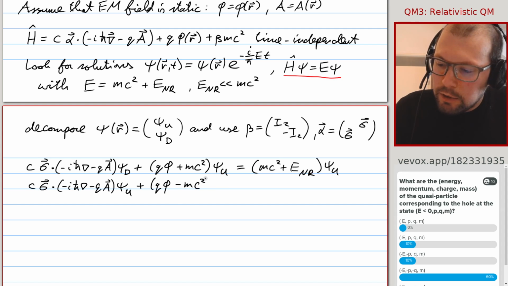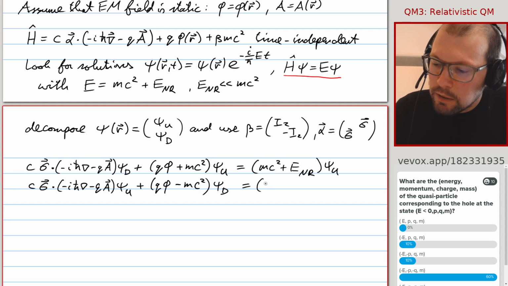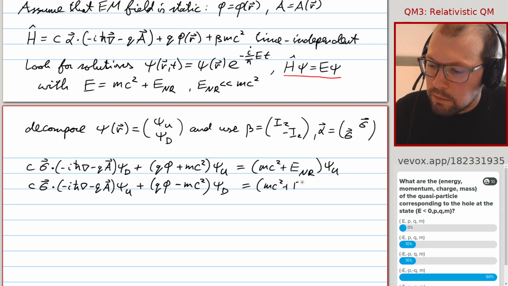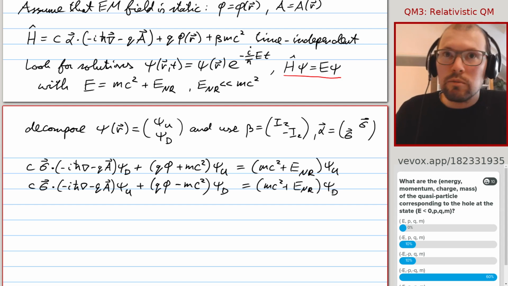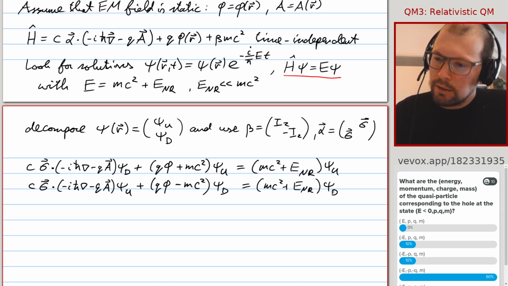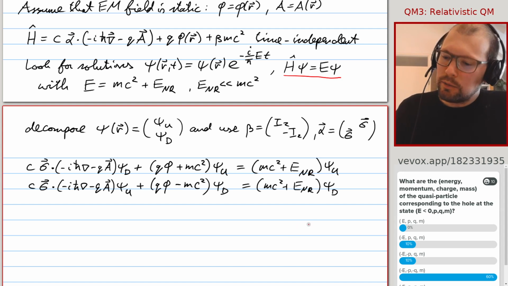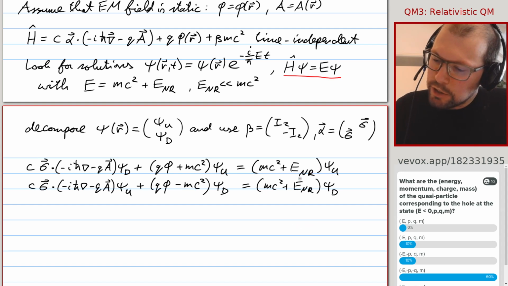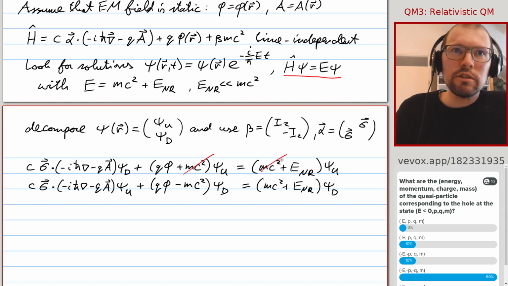Now we pick up the minus sign from the beta matrix, the energy times psi_d. And the first thing we notice is that in this top equation, the rest mass cancels.